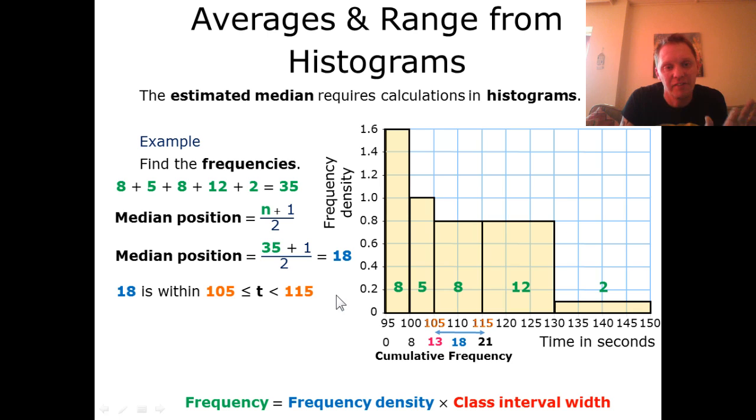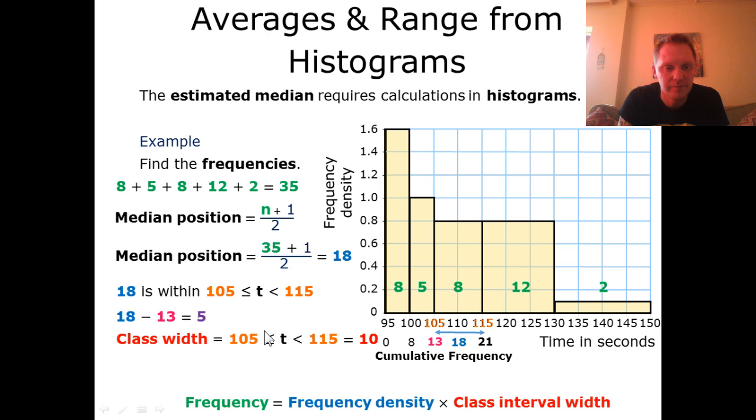But I'm going to take this one step further to actually calculate my median. So first thing I'm going to do is take away my 18 from my 13 because I'm looking for 5 inside of this. My class interval width is 10 from 105 to 115. So I'm going to divide my 5 by my 8 times by my 10, which gives me 6.25.